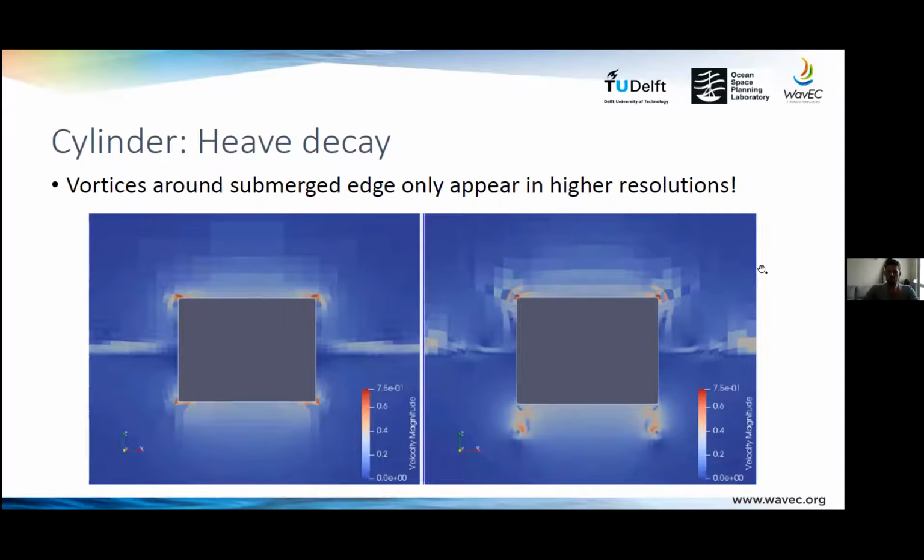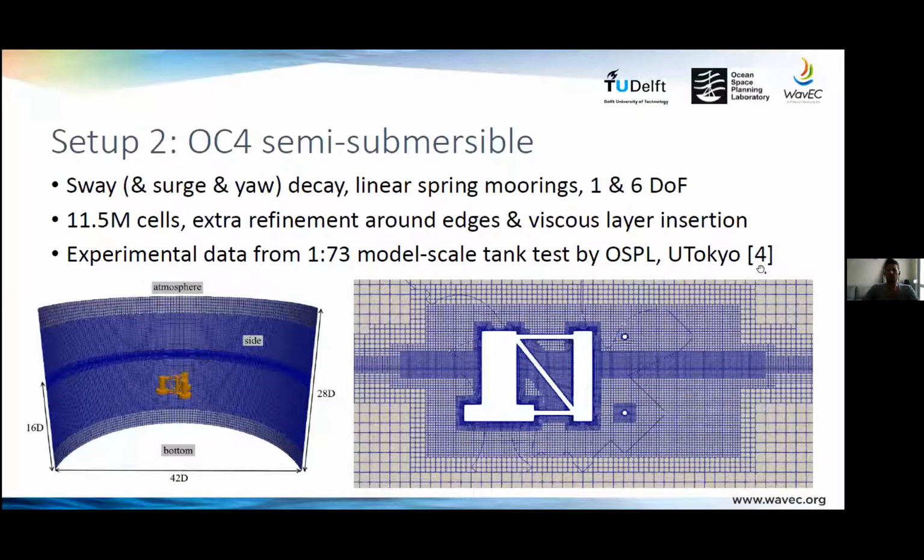But meanwhile, let's jump to the setup for the OC4 semi-submersible that you can see here displayed in a cylindrical domain at the bottom. Compared to the cylinder, it's quite a more complex structure.